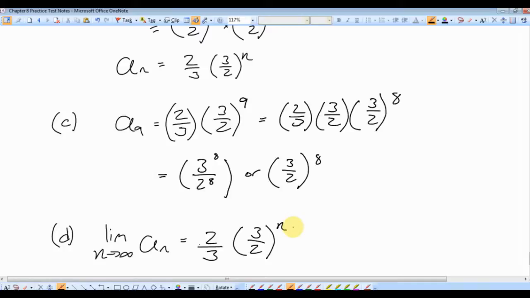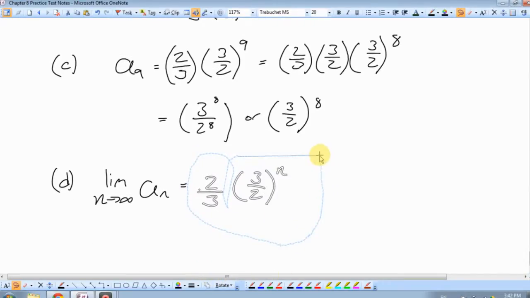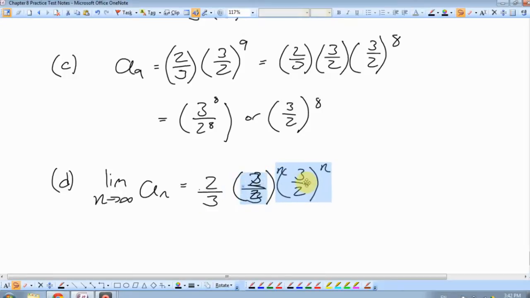Actually, I forgot the limit here. Okay, so what's going to happen here if we keep multiplying? Just going to keep getting bigger. Is it going to reach a limit, though, is the question.